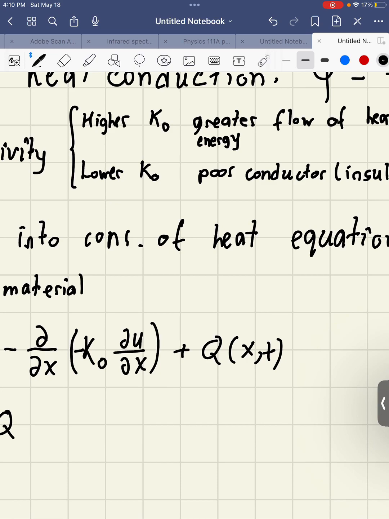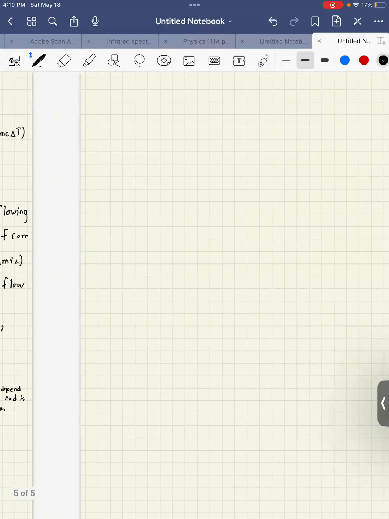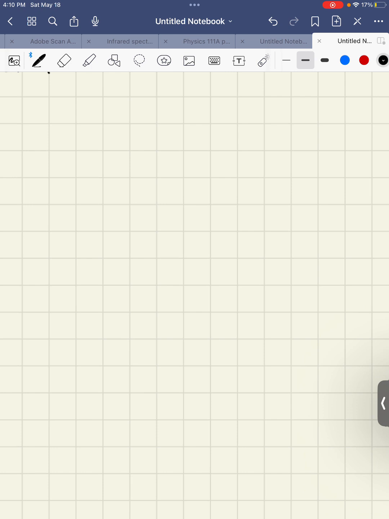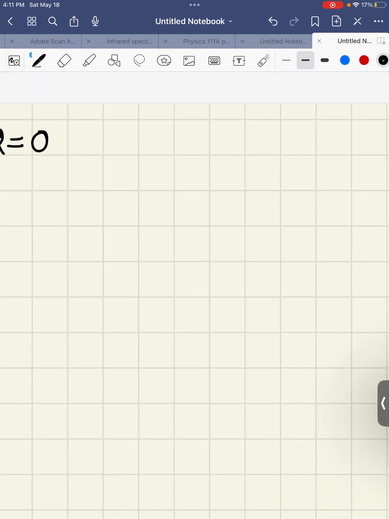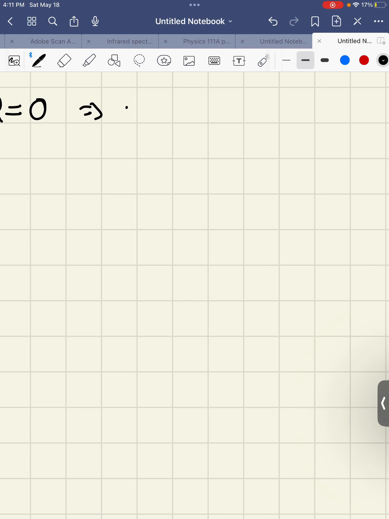Now, in the case of q equal to 0, my equation becomes c rho partial u partial t equal to k naught second order partial u partial x squared.